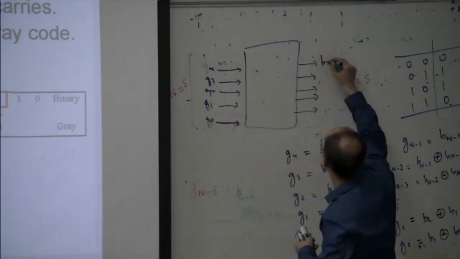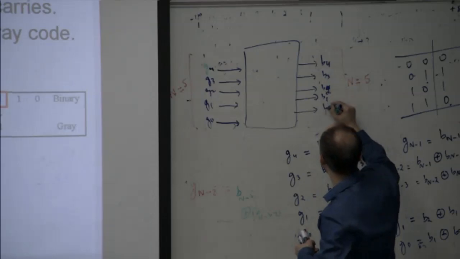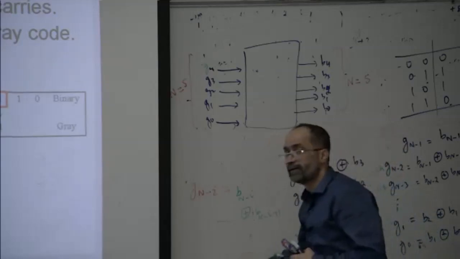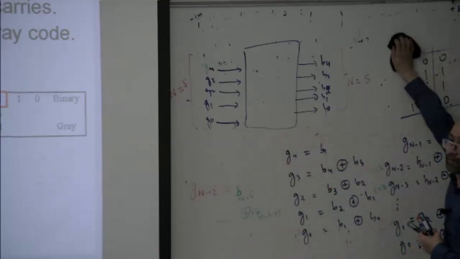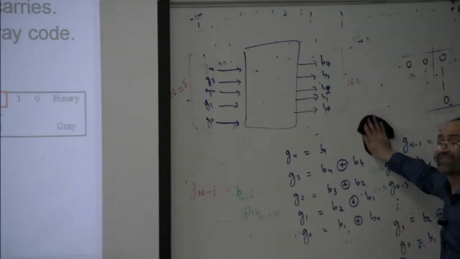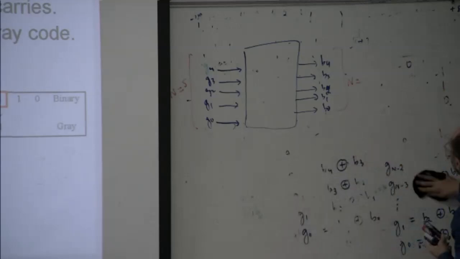What is now the output? B4, B3, B2, B1 and B0. And in general, we can start from G(n-1), G(n-2), and so on until we get to 0.